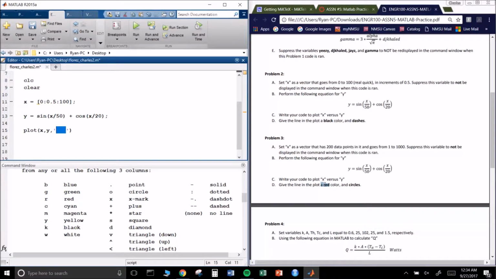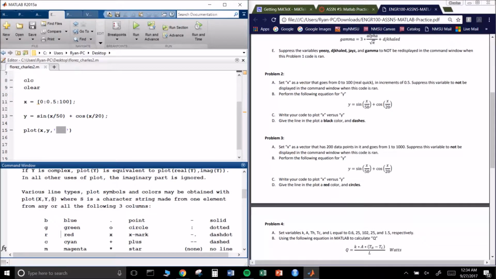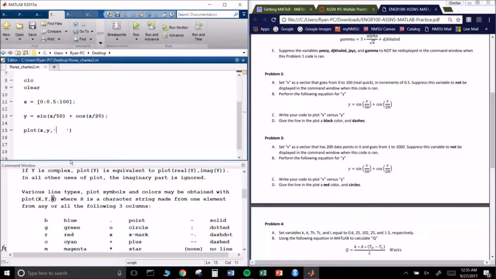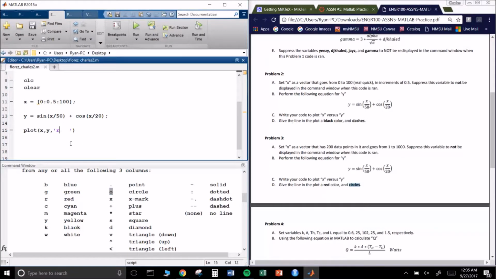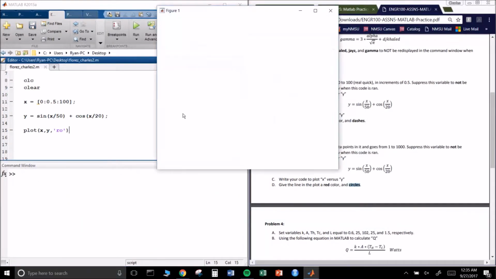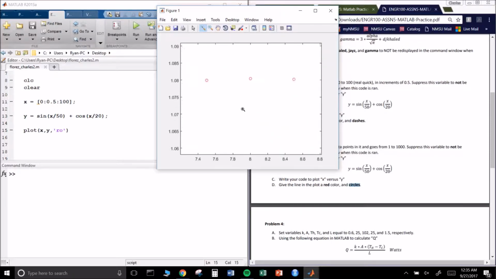If I want a red colored line, then I'll need to put an R in this spot, and then I want circles, so for circles, I just need to put an O. I'll close this up, and this is how I'll ask for my plot of x and y with red circles. If I hit run, sure enough, there's a bunch of little red circles there.